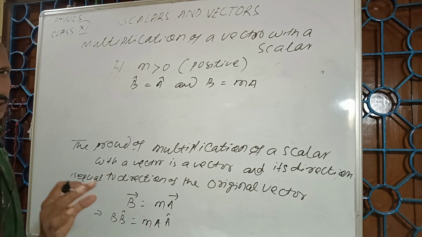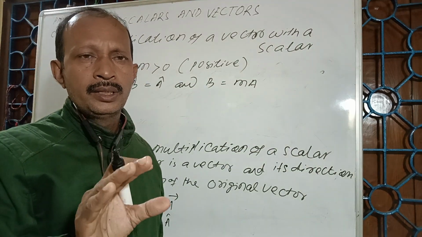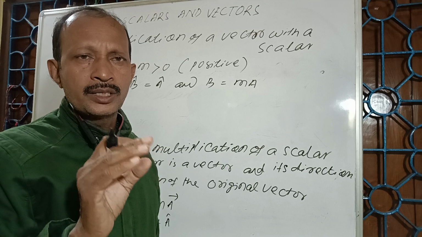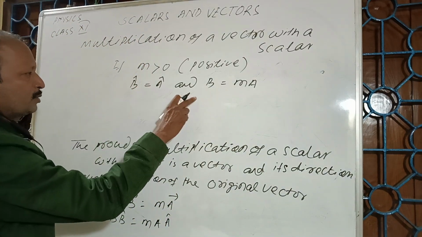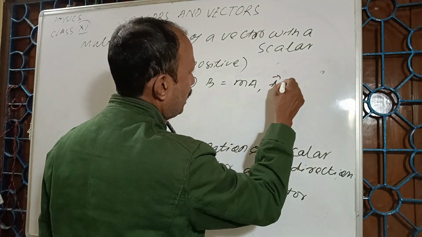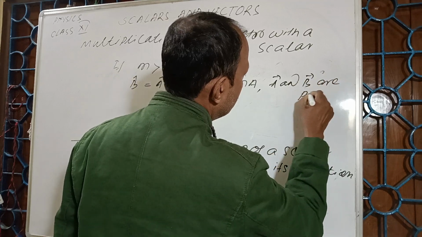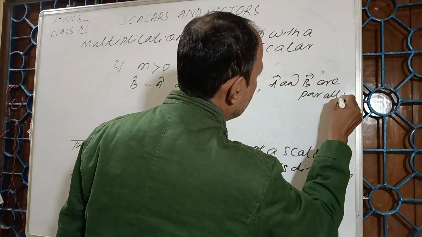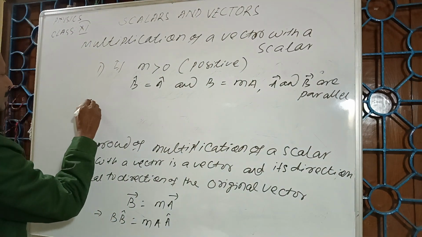I said that the magnitude of the resultant vector depends upon the scalar and vector's magnitude. So this is the case when M is positive. In this case, both A and B are parallel. Okay, this is case 1.